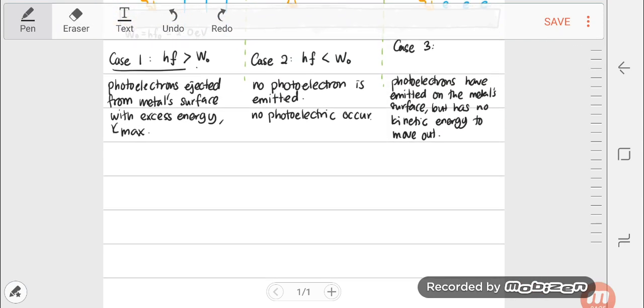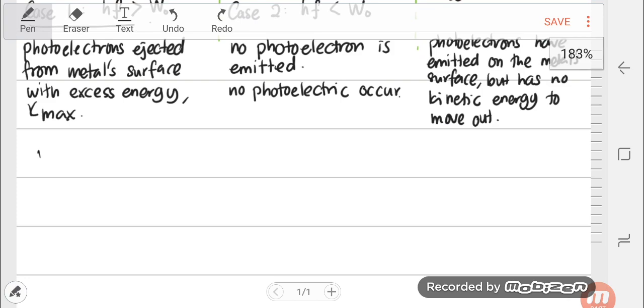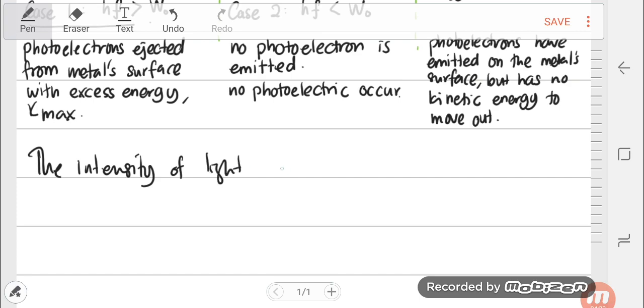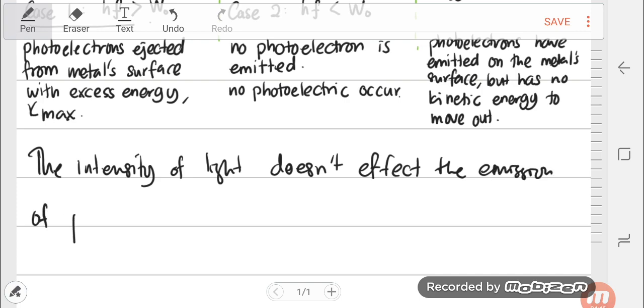One more thing that we have to remember: the intensity of light does not affect the emission of photoelectrons.